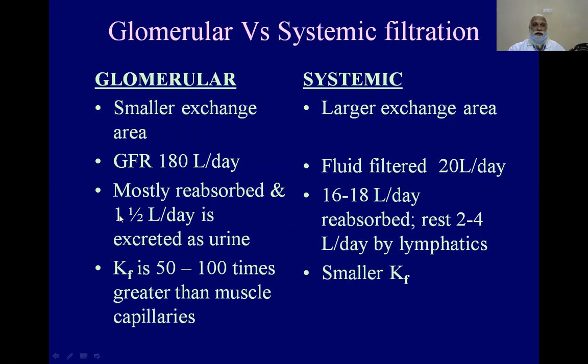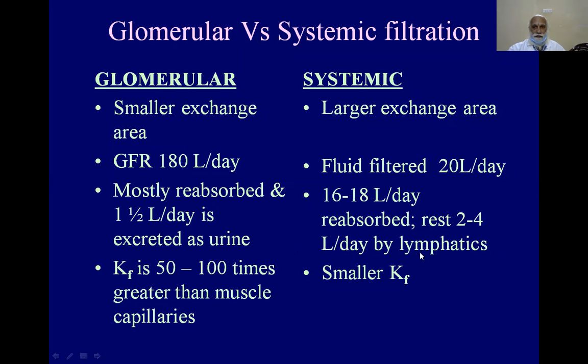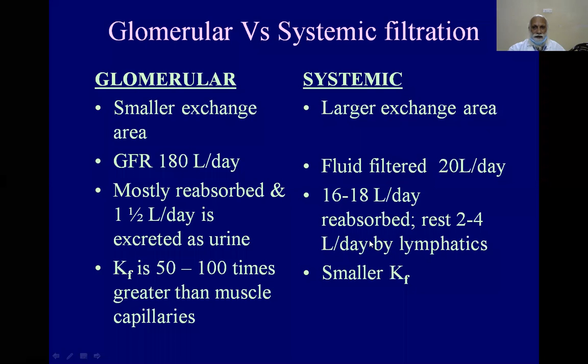So much of the 180, that means 178.5 liters, is reabsorbed. And in the systemic circulation, whatever is not reabsorbed is taken up by the lymphatics. Then you see KF is very high, about 50 to 100 times more compared to the systemic, particularly compared to muscle capillary circulation, because muscles have a good supply of capillaries, and more capillaries will work during exercise.